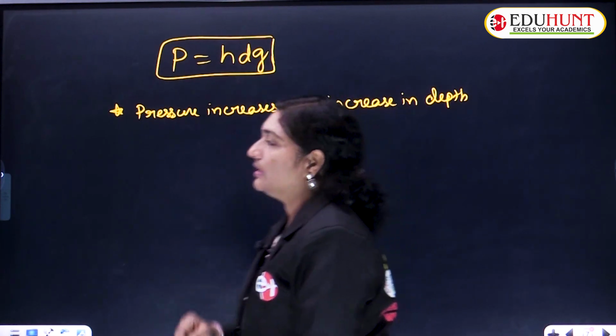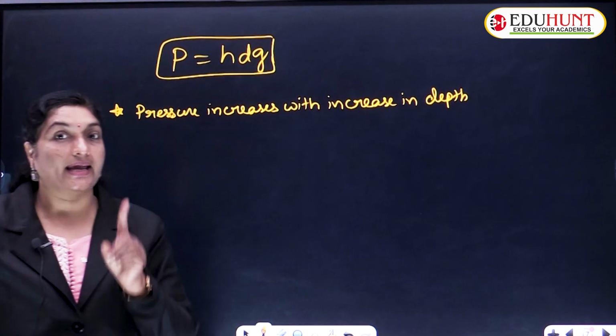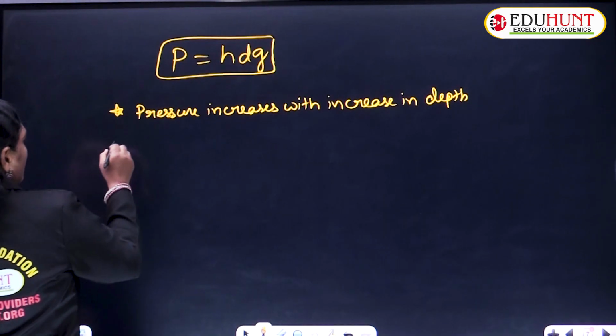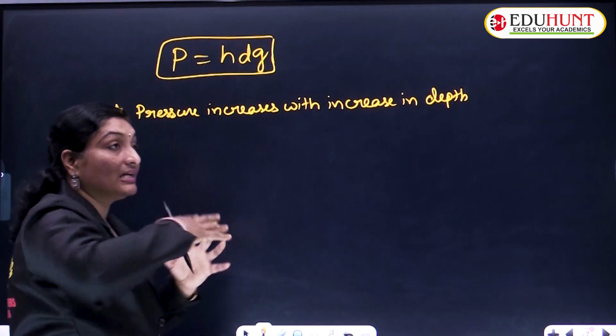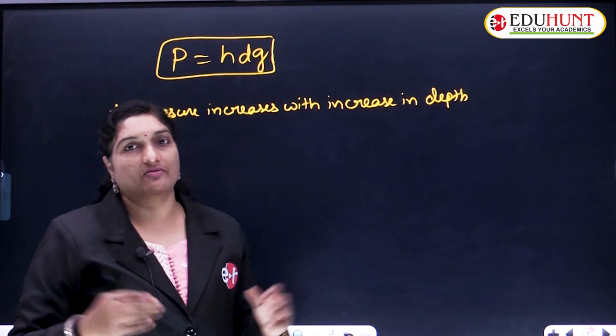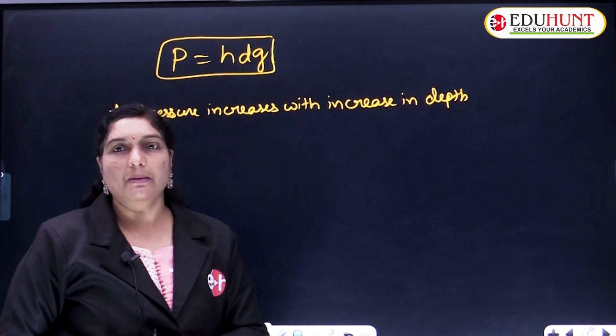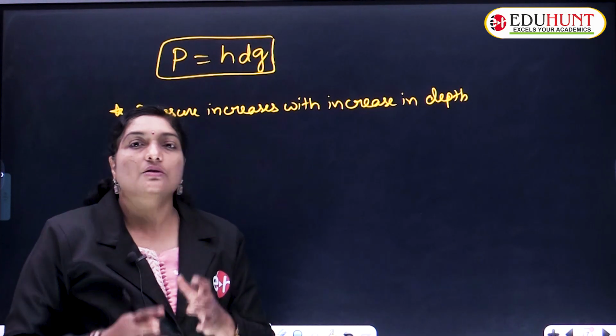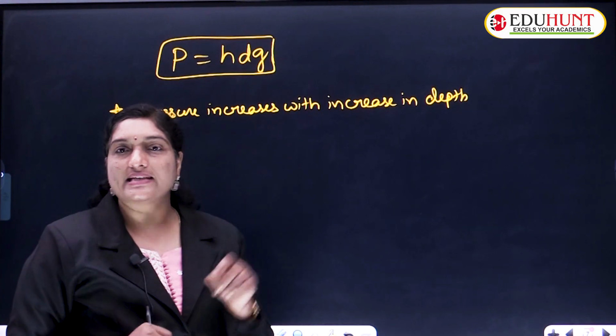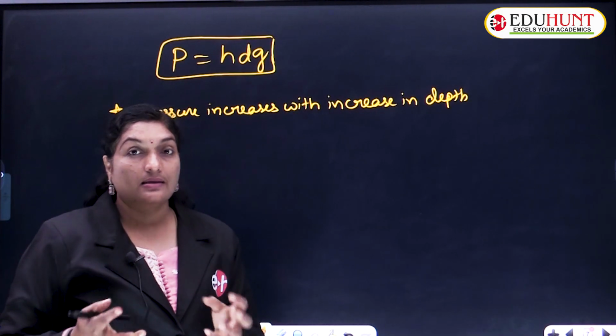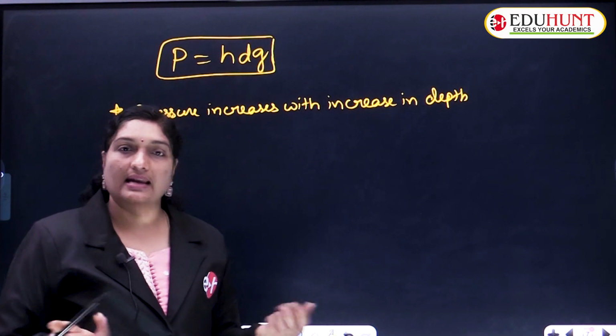Now let us come to D. What is D, children? D indicates density of the liquid. The larger the density of the liquid, the larger the pressure. The lesser the density of the liquid, the lesser the pressure. So lighter fluids have less pressure, whereas denser fluids have large pressure.